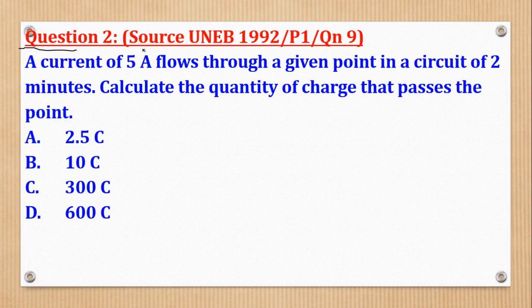Question 2 came from UNEB 1992, paper 1, question 9, and it says a current of 5 ampere flows through a given point in a circuit for 2 minutes. Calculate the quantity of charge, capital Q, that passes the point.